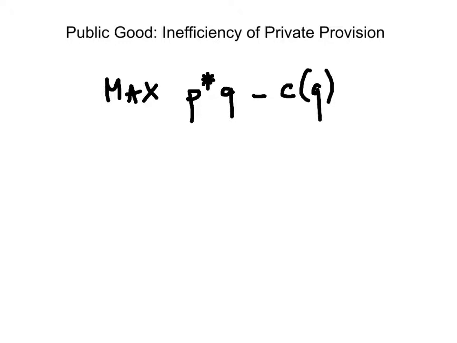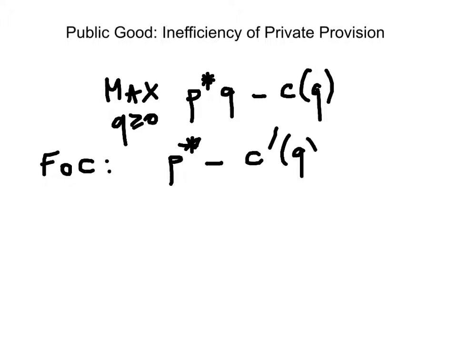So let's take a look at the firm's problem, which is to maximize the revenue less the cost of providing this public good. So the first order condition here is simply P star less the marginal cost of providing the good, and assuming an interior solution, this is equal to 0.